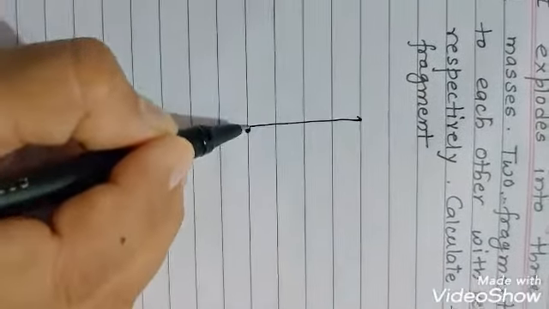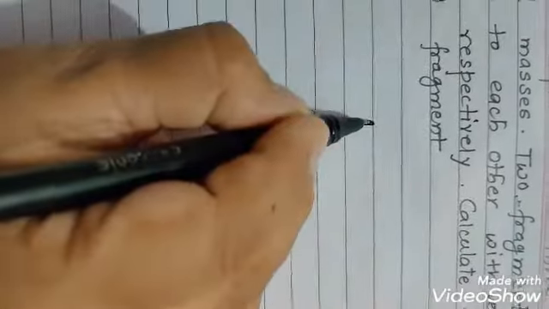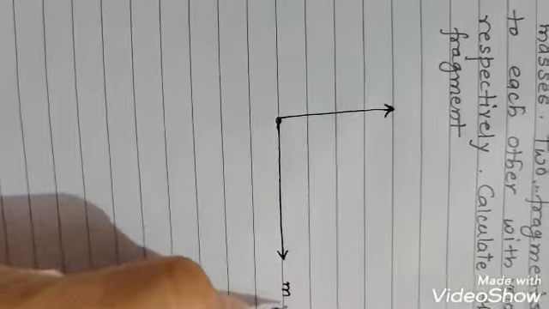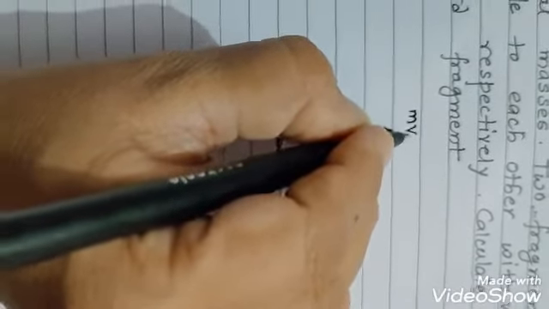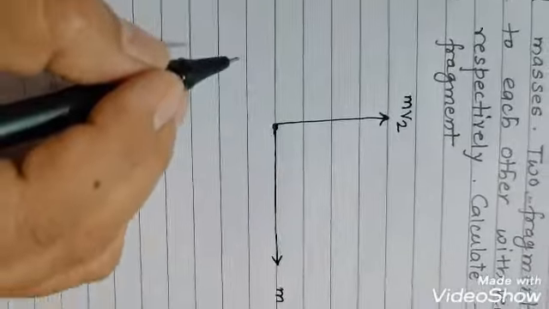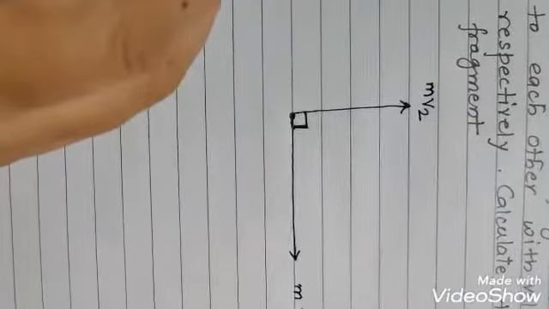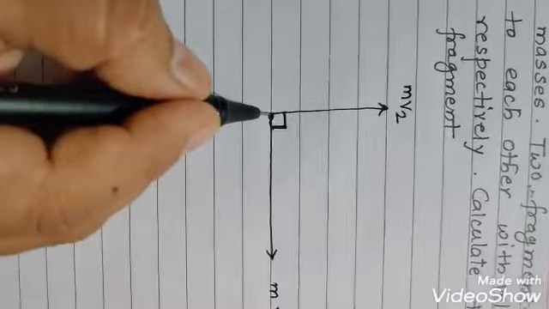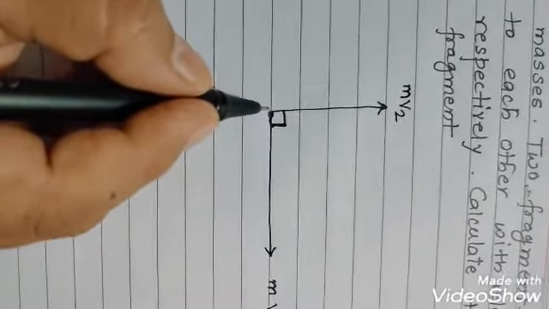Two fragments move in these directions: one with mass m and velocity v1, the other with mass m and velocity v2, making a 90-degree angle with each other. We have to find the speed of the third fragment and locate its direction.